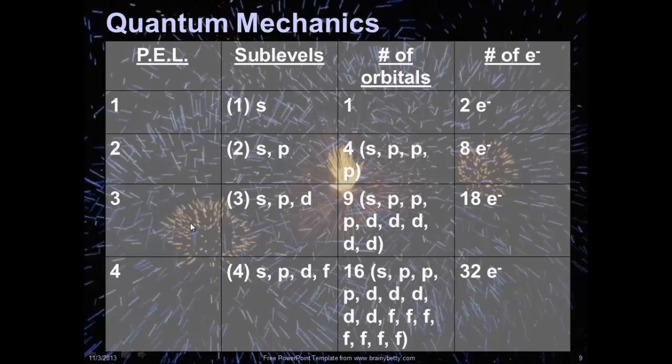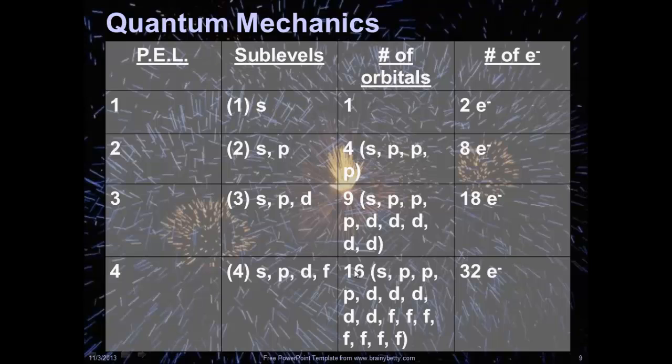The third principal energy level has S, P, and D streets for a total of 9 orbitals, or 9 houses, and 18 electrons altogether. The fourth principal energy level has 4 sublevels, 16 orbitals, for a total of 32 electrons.